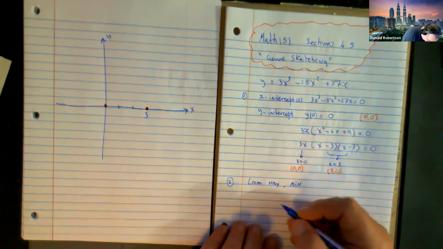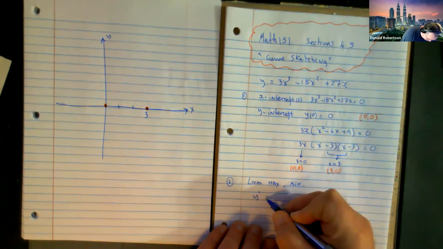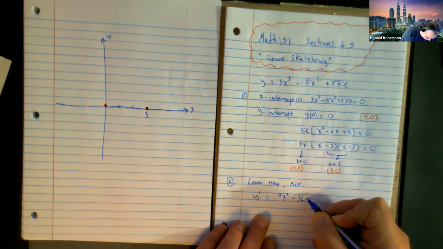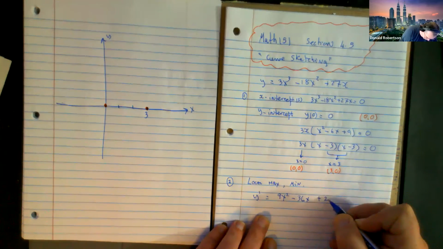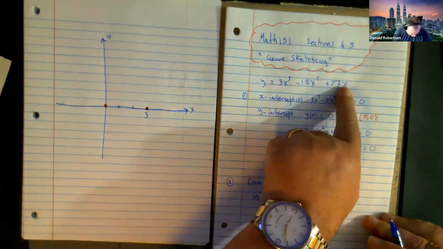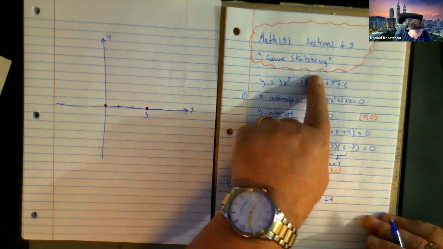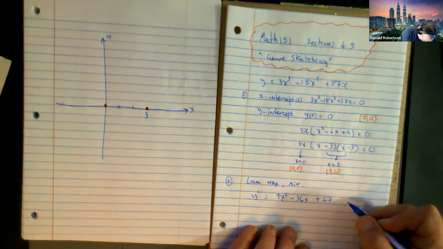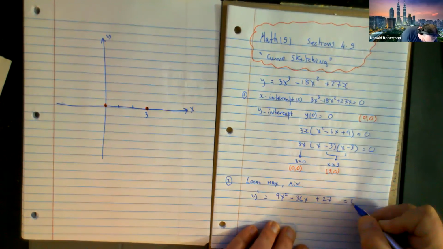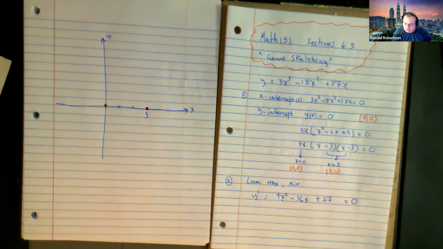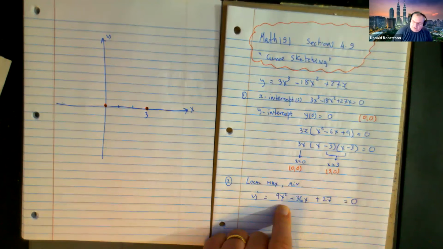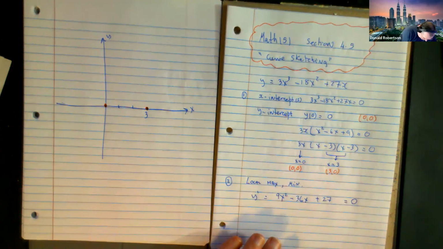So I find the derivative, which is 9x squared, take away 36x plus 27, right? Setting the derivative to 0 tells me where the max and mins are, because where the derivative is 0 are the critical numbers, and critical numbers are where things like this happen.